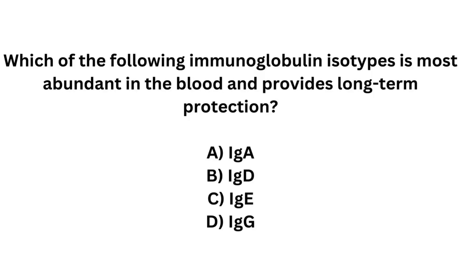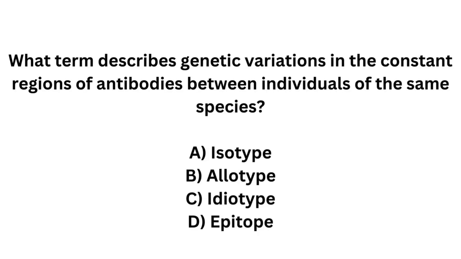MCQs related to the topics. Which of the following immunoglobulin isotypes is most abundant in blood and provides long-term protection? IgG. What term describes genetic variations in the constant regions of antibodies between individuals of the same species?